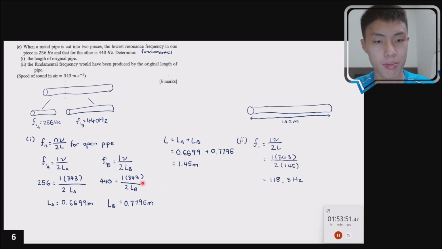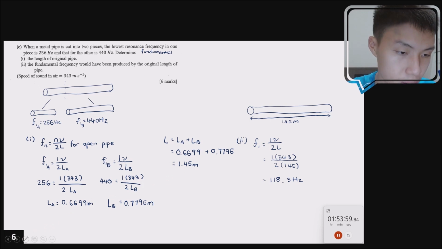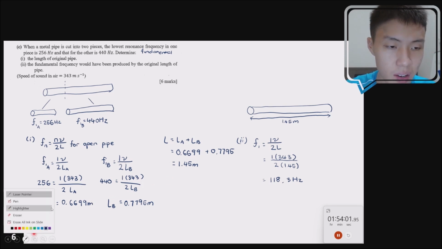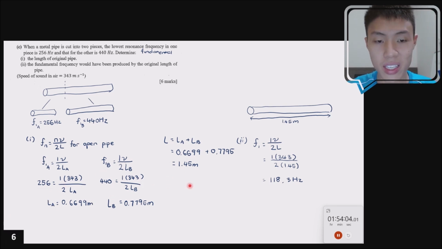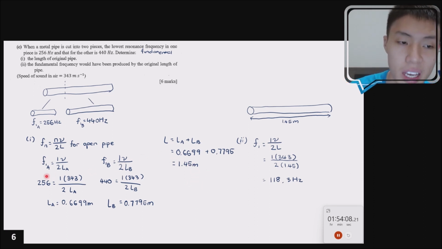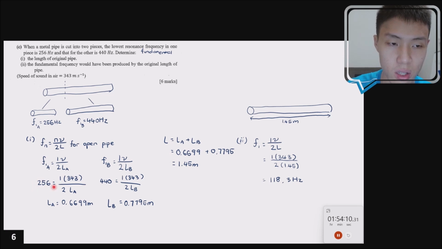Let me double check something. Yeah, that's why it doesn't make sense. I noticed that something didn't make sense here, so I checked my answer, and it turns out my answer is wrong. As you can see here, this is a lower frequency, this is a higher frequency. For higher frequency, your pipe should be shorter.